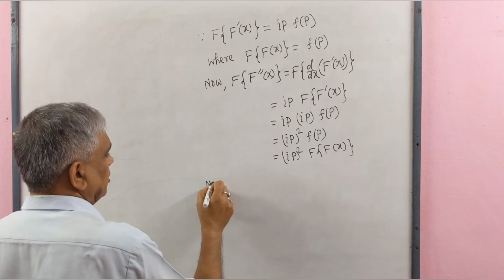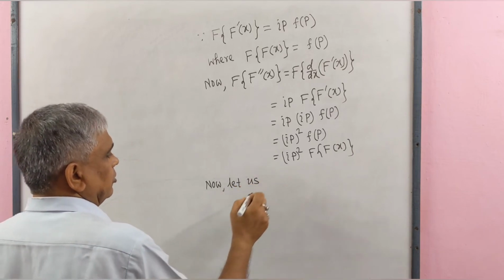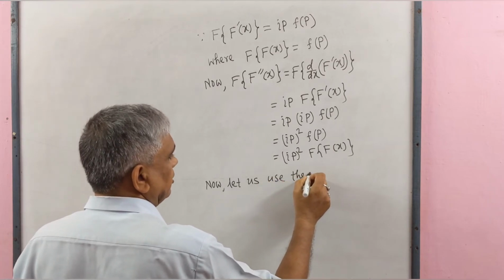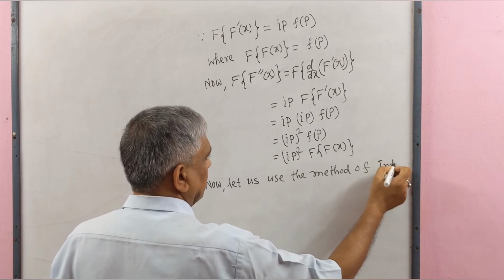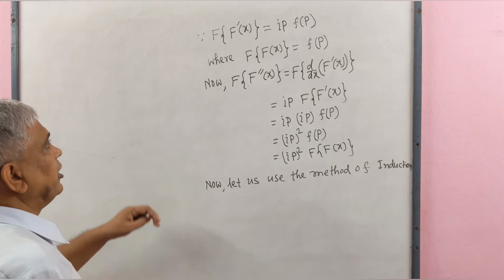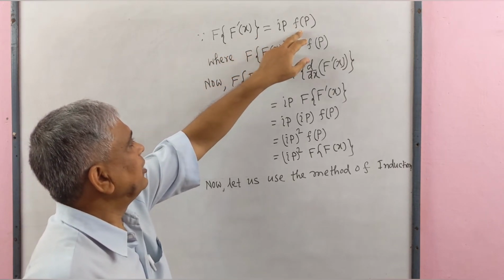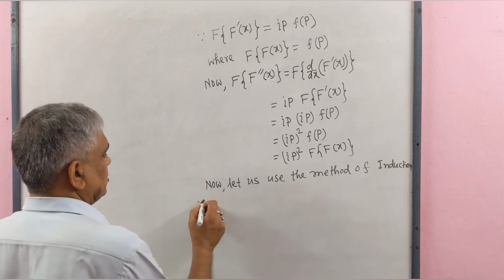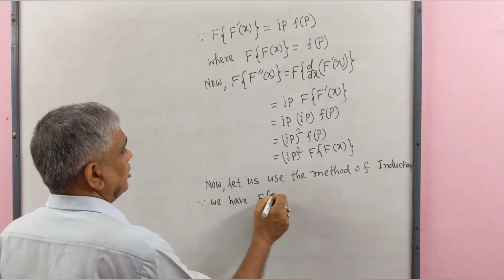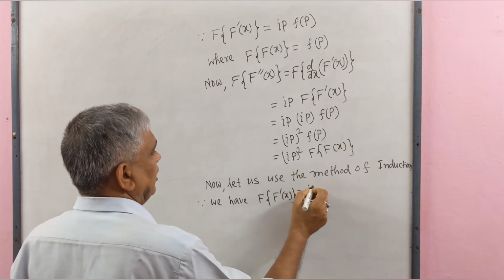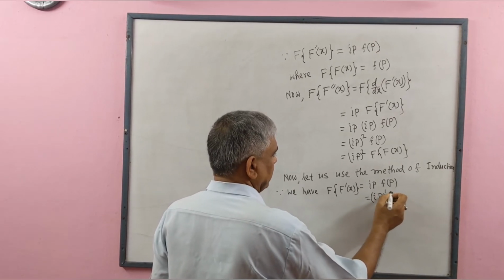Now let us use the method of induction. Since we have already seen that the Fourier transformation of f dash x equals ip F(p), that is ip power 1 F(p).